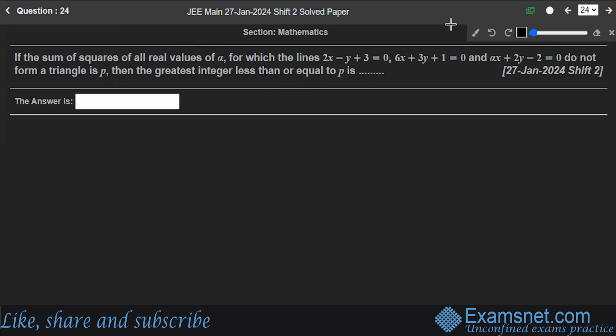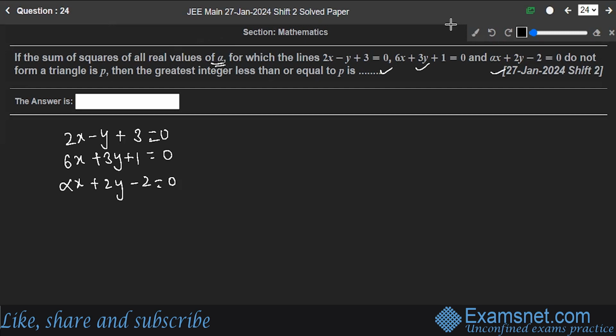All right, you have these three equations: 2x minus y plus something equal to 0, 6x plus something, and alpha x plus 2y minus 2 equal to 0. You are given that the sum of squares of all values of alpha for which these three lines do not form a triangle is P.